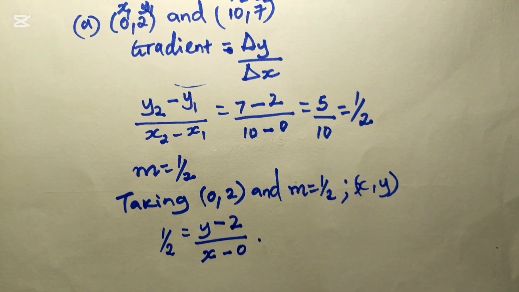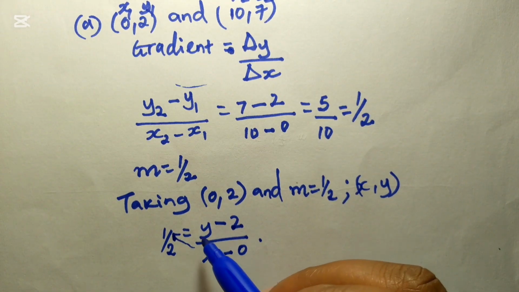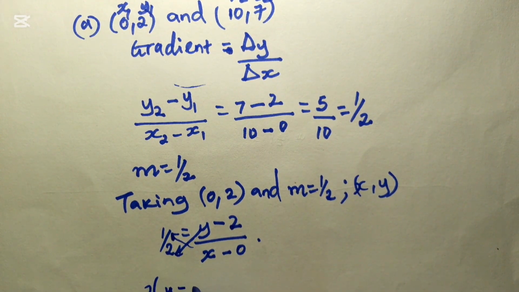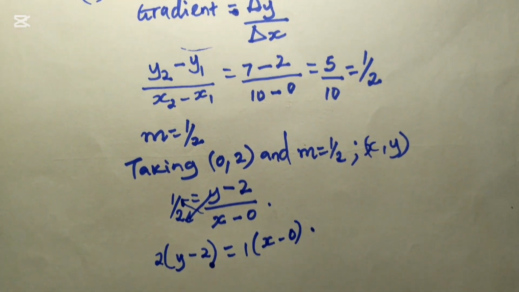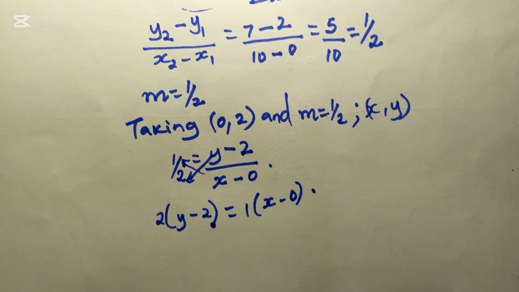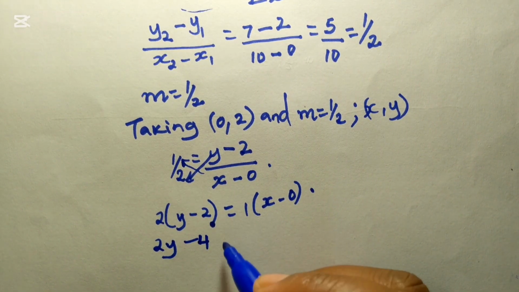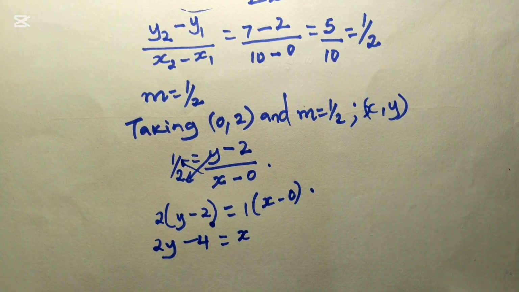Now we can cross multiply, which gives 2 into y minus 2 being equal to 1 into x minus 0. Opening the brackets, we have 2y minus 4 being equal to 1 times x, which is x, minus 0.